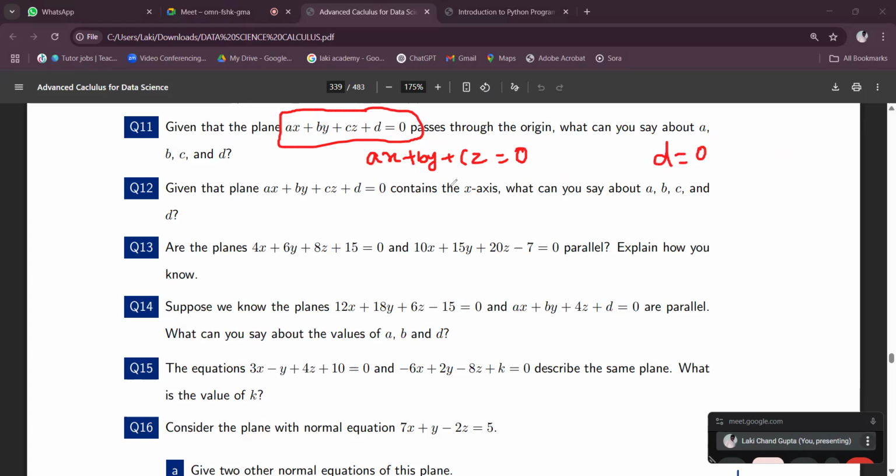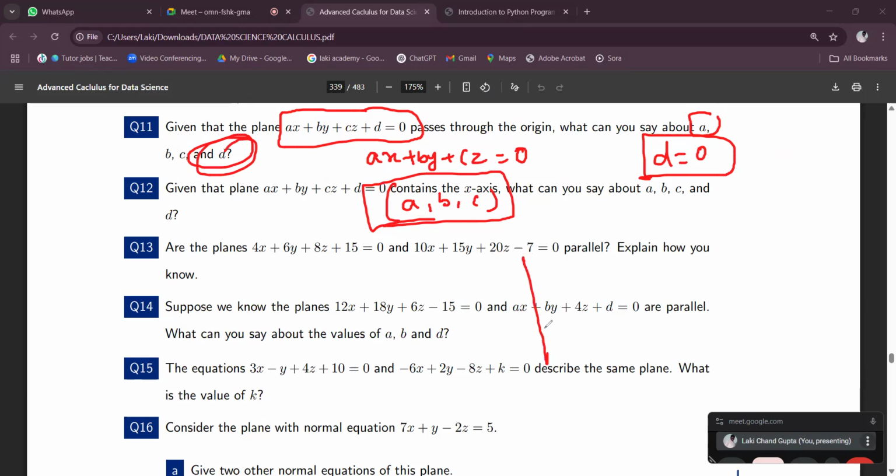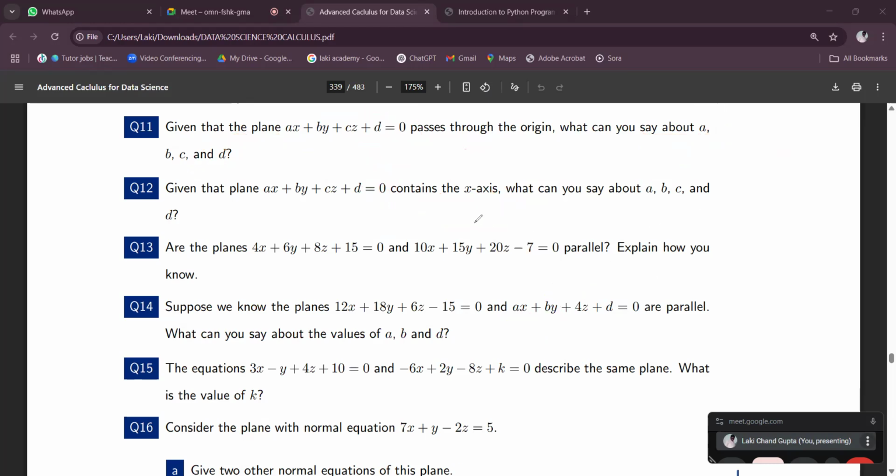So A, B, C can be any value, right? We can say nothing about A, B, C, but D is always 0, because the plane always passes through the origin. So there is zero distance from the normal vector to the origin. It means your normal vector lies at the 0 point.